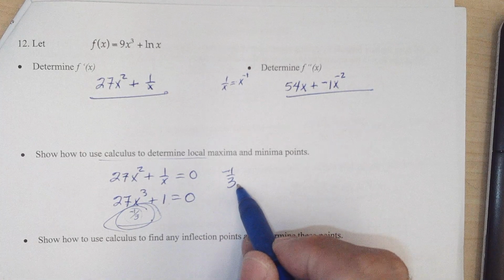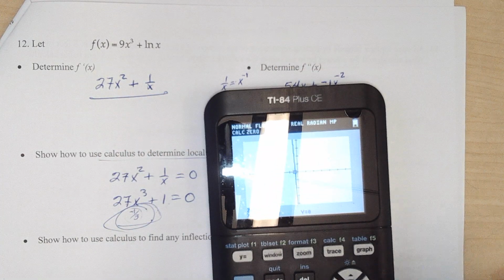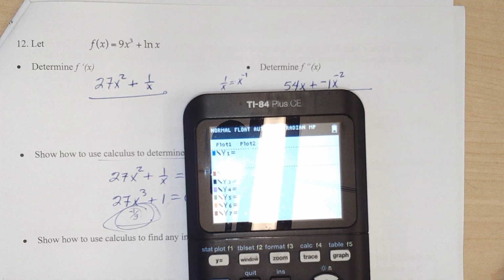And to find out whether it's a max or minimum, first we need to find out what it is. We can put that into the original function. Probably easiest to go 9x to the third plus ln x.